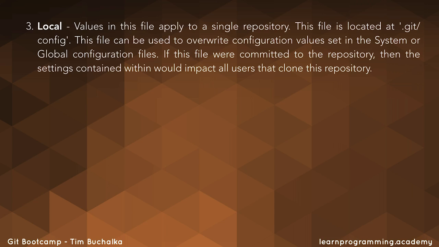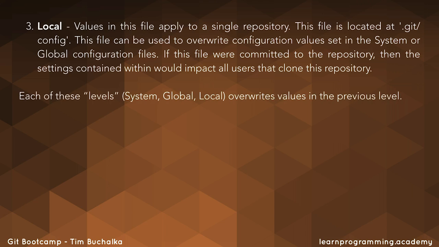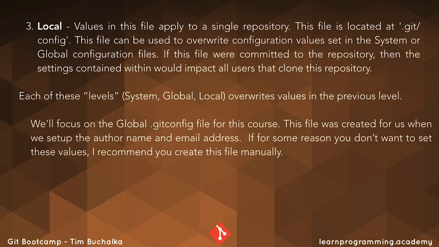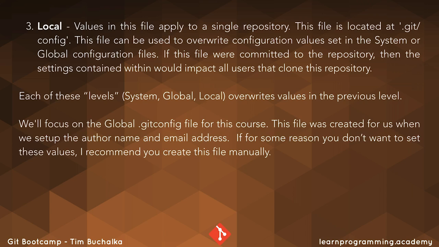Now if this file was actually committed to a repository, then the settings contained would actually impact all users that clone this repository. So each of these levels, if you will, system, global and local, overwrite values at the previous level. So we're going to focus on the global .gitconfig file for this course.